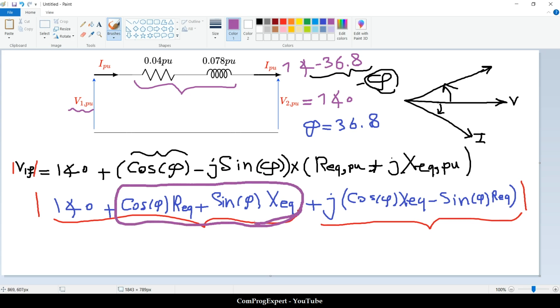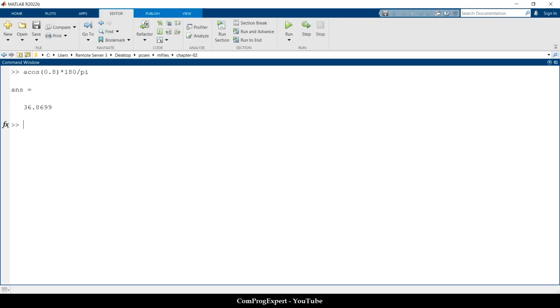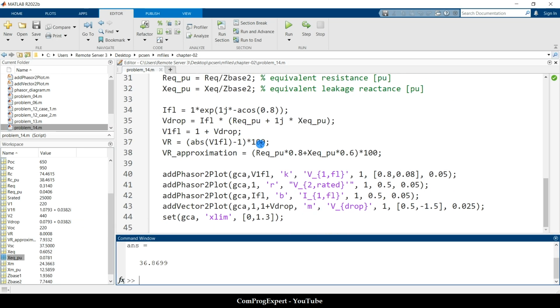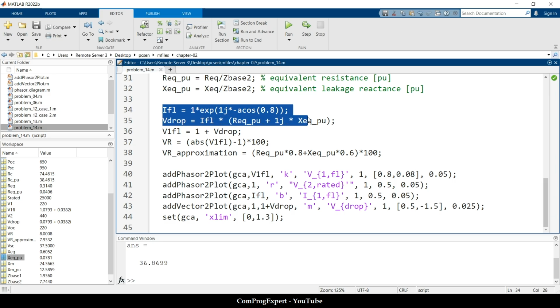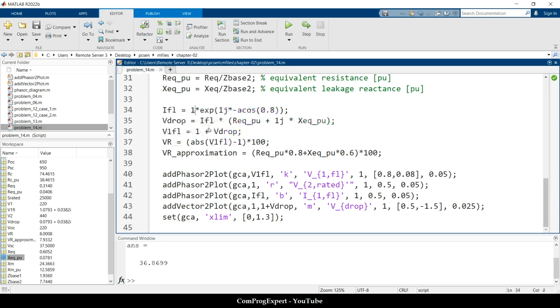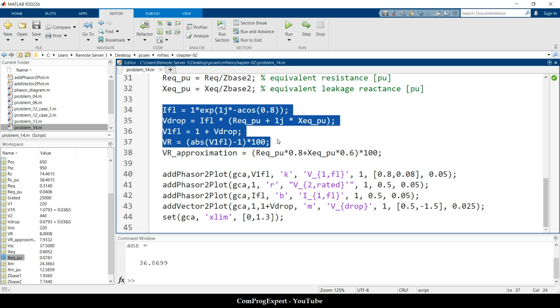So let's check if this approximation works well or not. Let's calculate the voltage regulation using this approximation, neglecting this part. So here, if I write in MATLAB, here is the procedure for calculation of the voltage regulation using the exact equation.